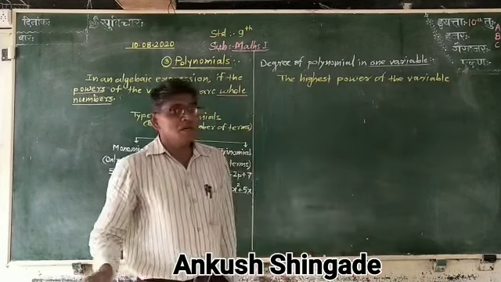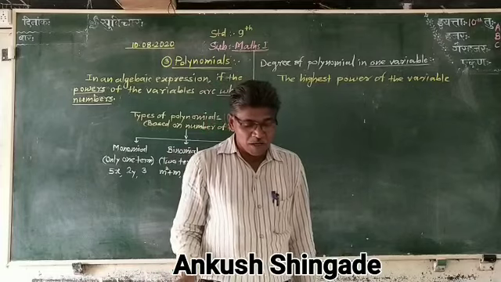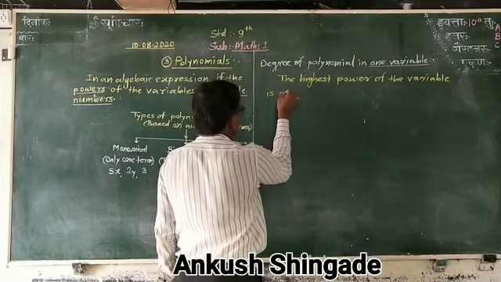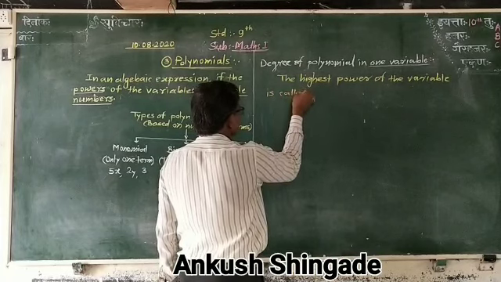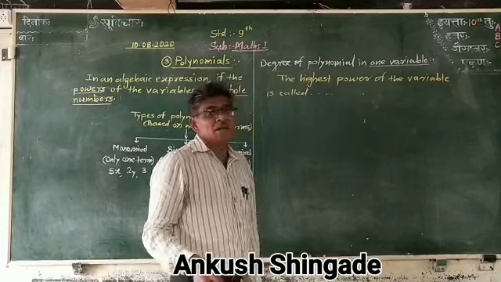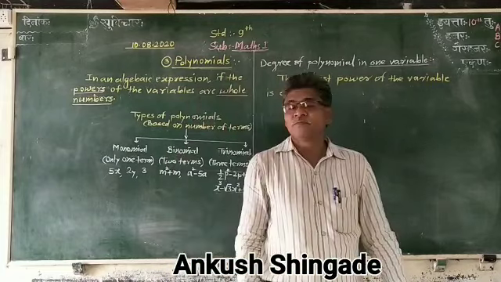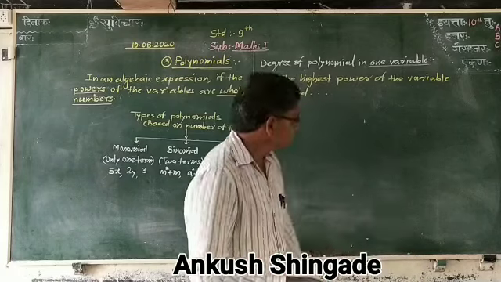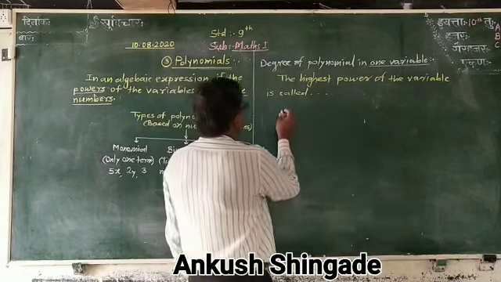The highest power of the variable is called the degree of the polynomial in one variable.